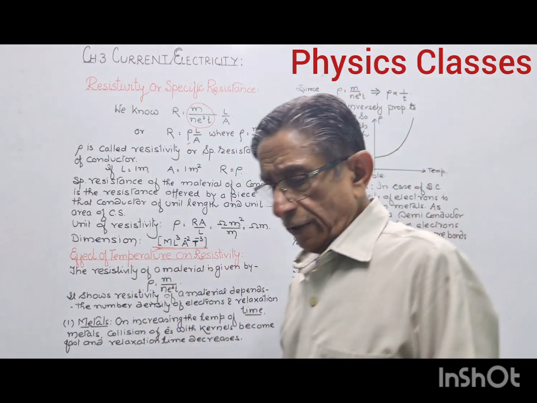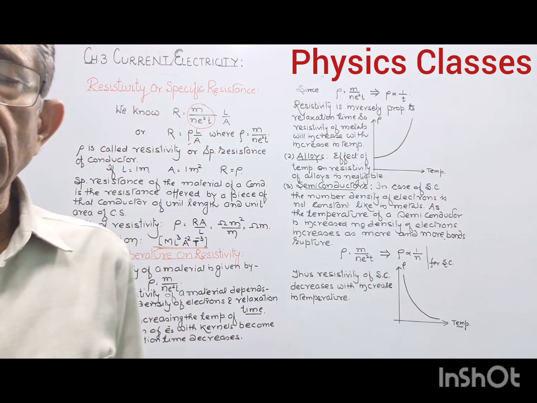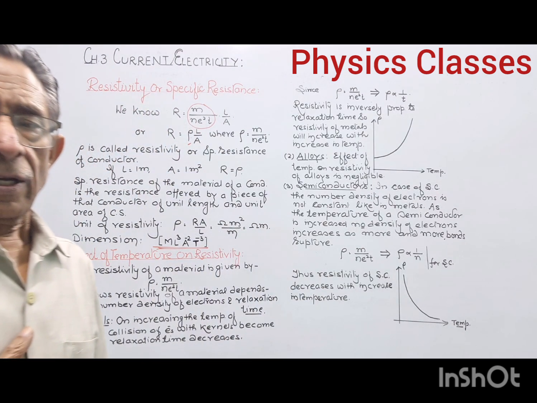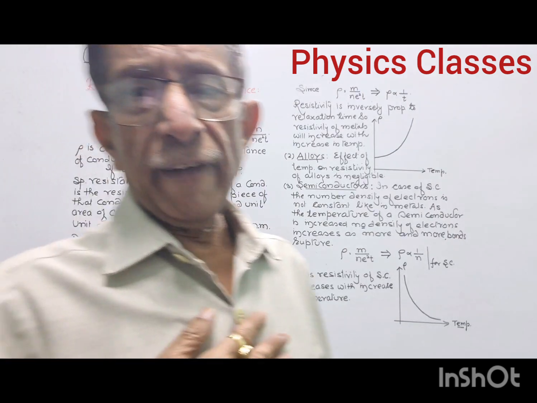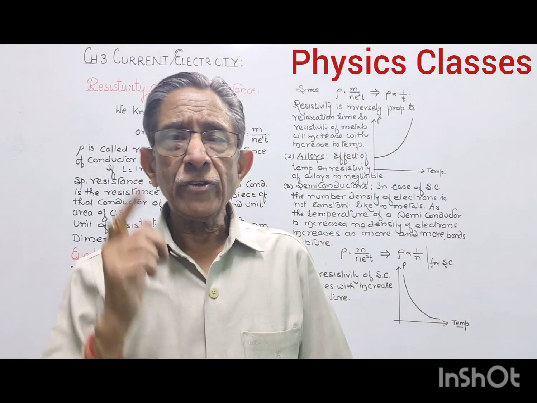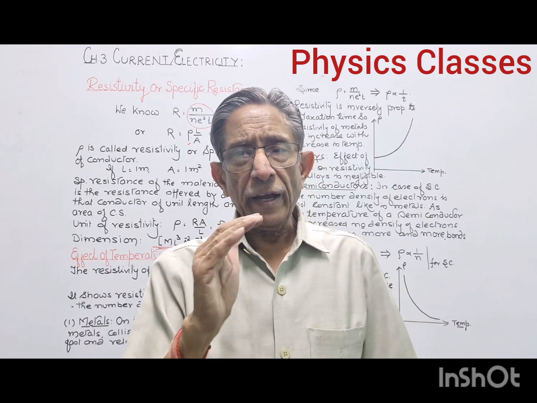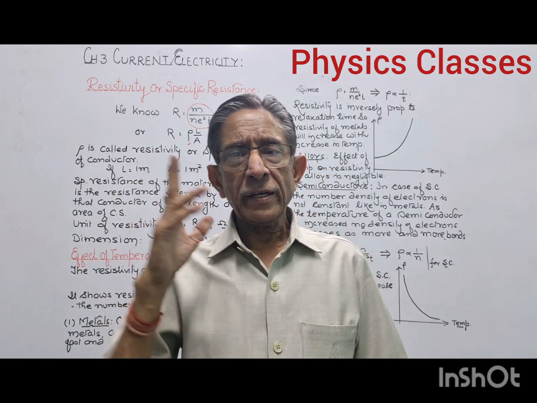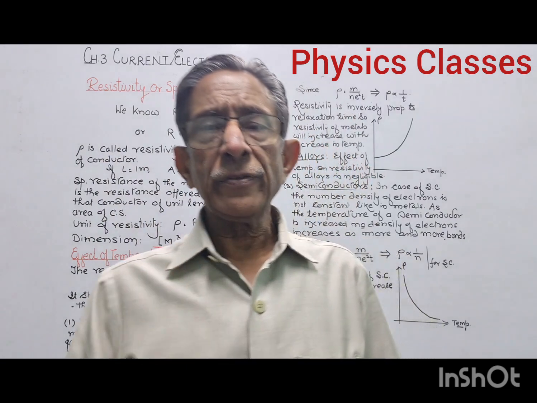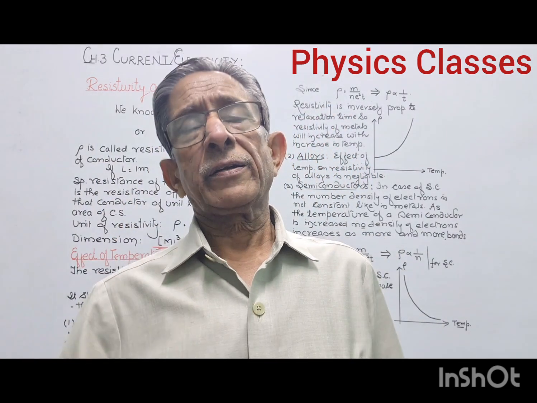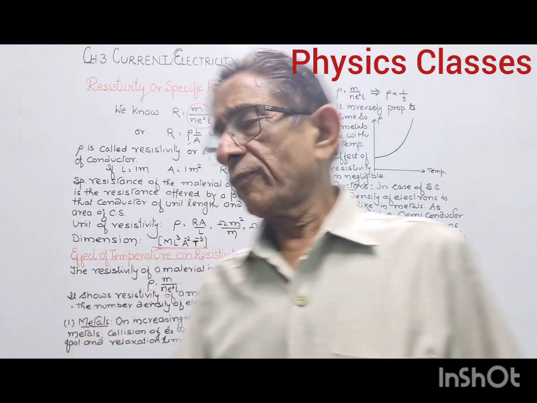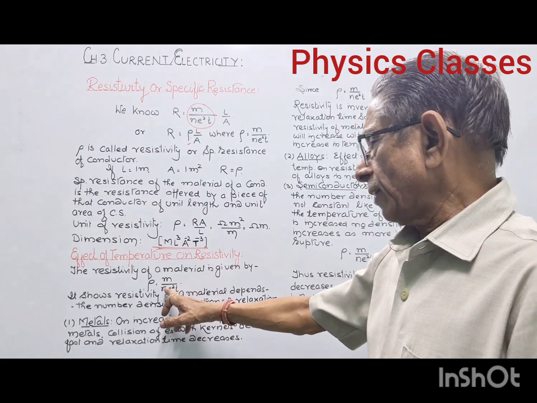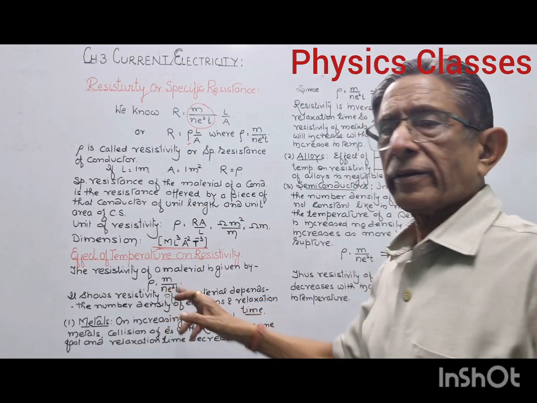Now let us study the effect of temperature on the resistivity of substances. In order to study this, students, we will divide the substances into 3 categories: number 1, metal or conductor; number 2, alloys; and the third one is semiconductor. Please pay attention that resistivity is given by the formula rho is equal to m upon n e square tau.